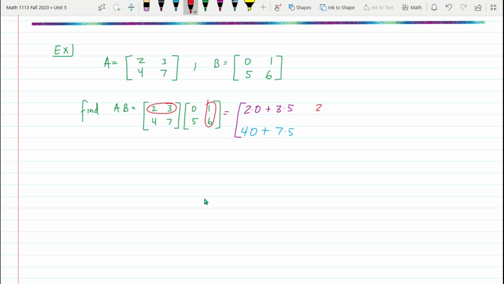So 2 times 1 plus 3 times 6. And then finally, the second row times the second column. And that becomes 4 times 1 plus 7 times 6.